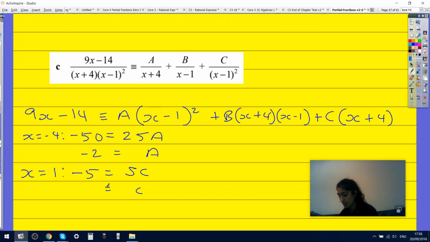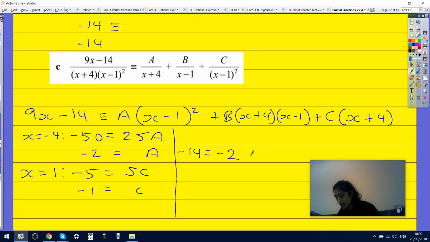And then plus 0 plus 4 is 4. 4 times 0 minus 1. So 4 times minus 1 is minus 4b. And then 0 plus 4 is 4c. But c is minus 1. So 4 times c is minus 4.